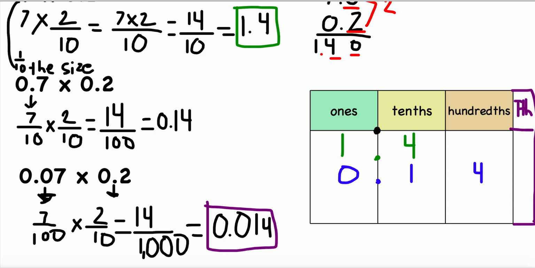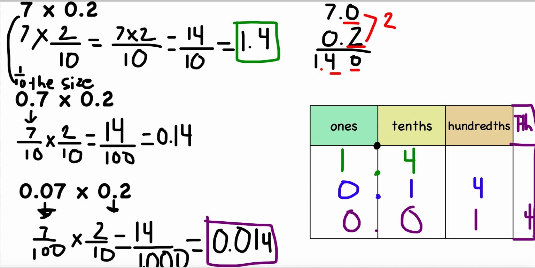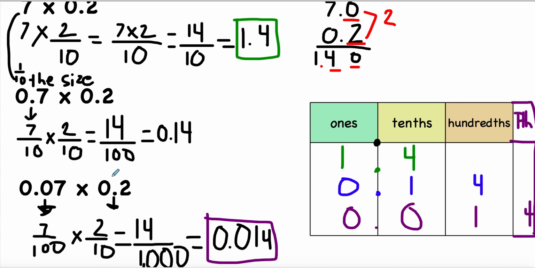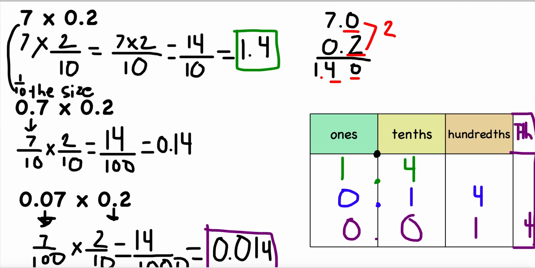So if I wanted to put that in my place value chart, I would have to put 0.014. So again, we can see that all the digits shifted over one place value to the right. So every time one of the factors was 1/10 of the size of the previous, our product was 1/10 the size of the previous. So that was interesting.